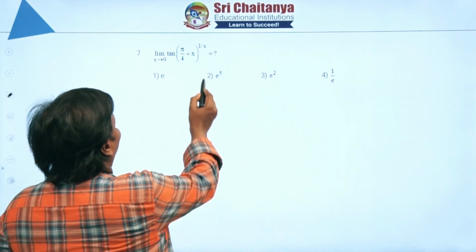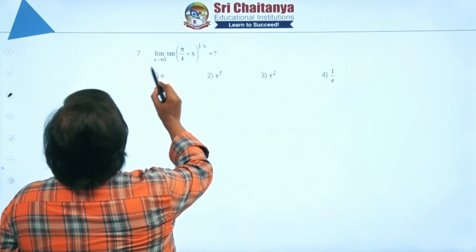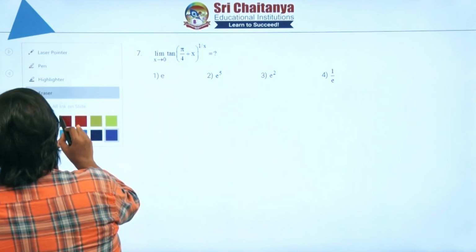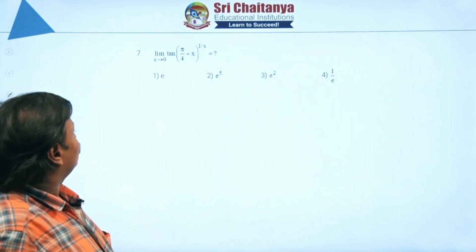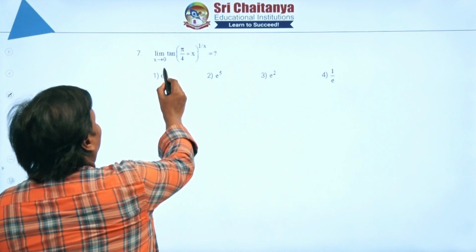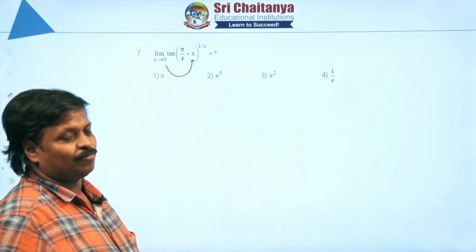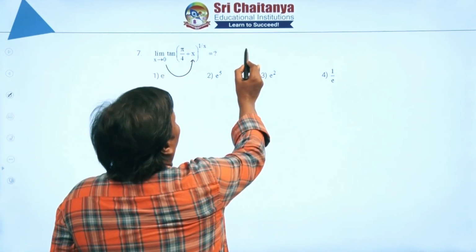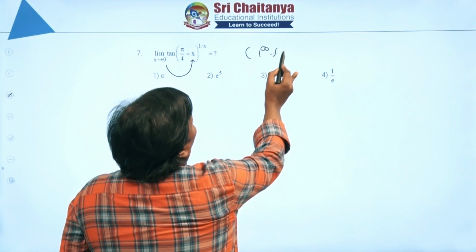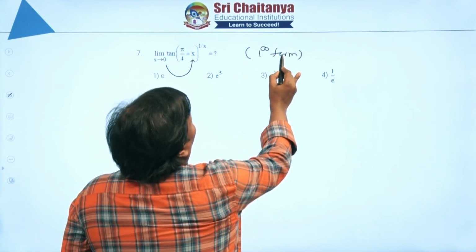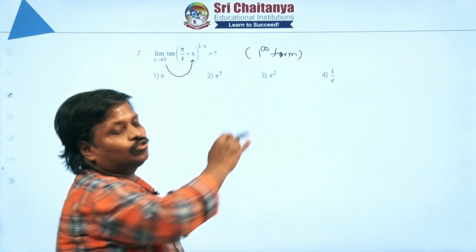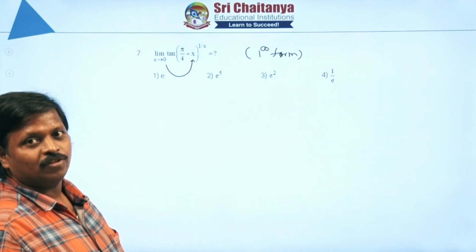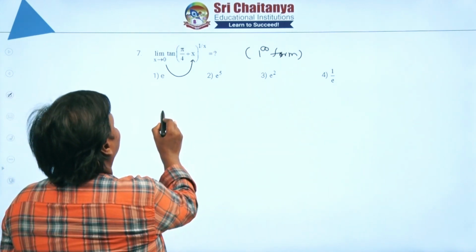This question came from the limits chapter, a very standard limits model. When you substitute x equals 0, it becomes 1 power infinity form. We have standard methods to solve 1 power infinity form.